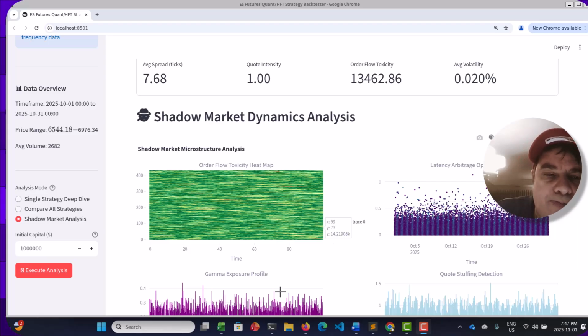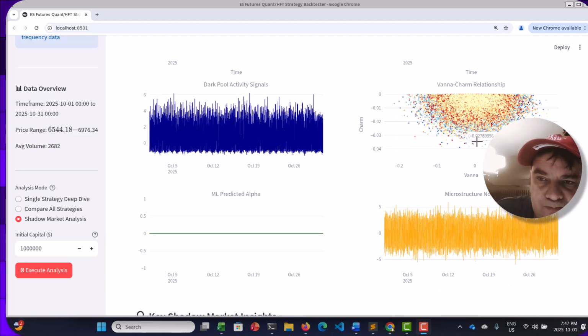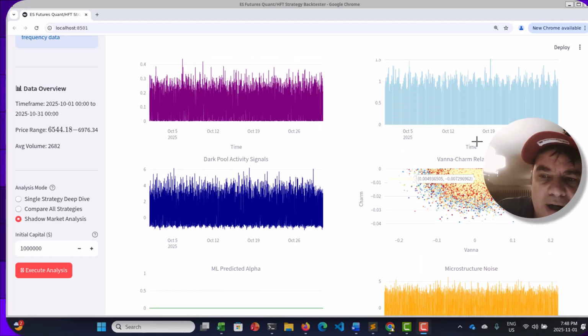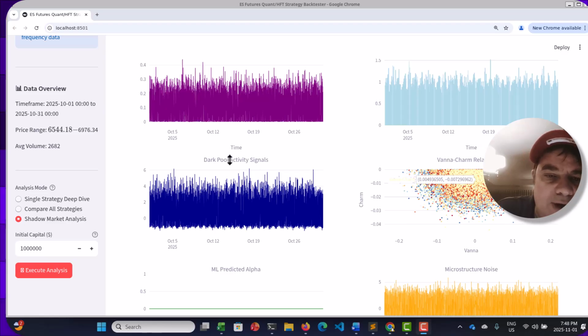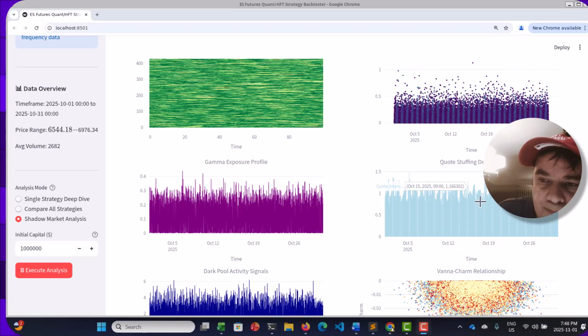We have here gamma exposure and all those different strategies we talked about. We've got dark pool activity signals. Remember, this is simplified and under the conditions that I mentioned that the AI wants us to remember.